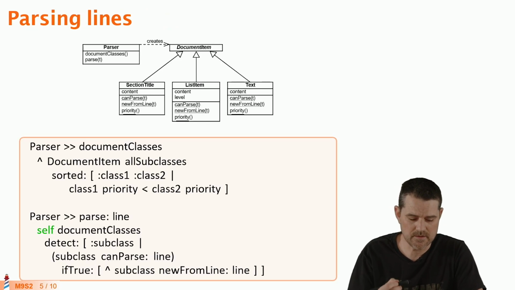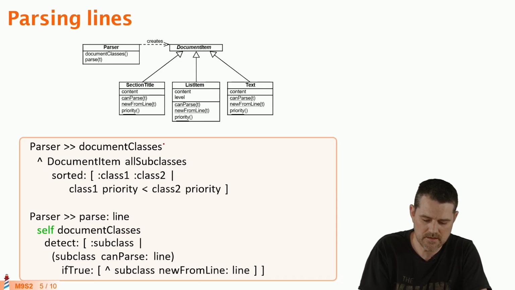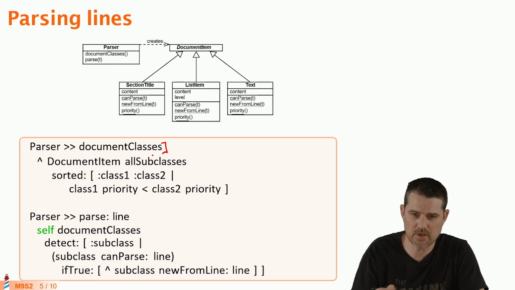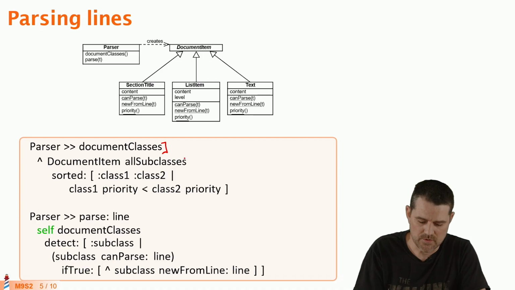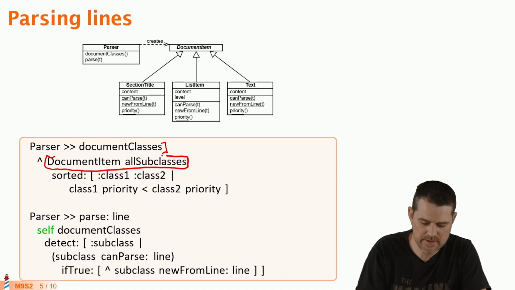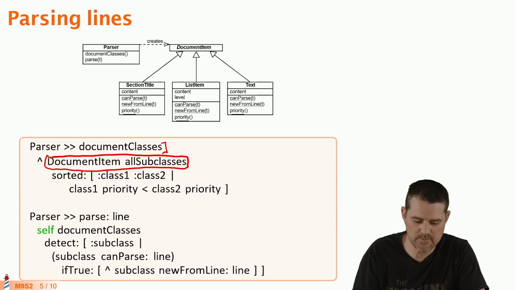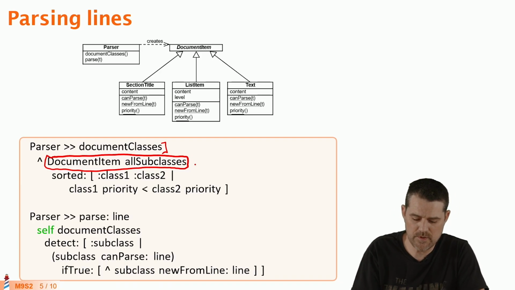Now, given that the parser is implemented like that, we have two methods in the parser. The document classes method computes the collection of all classes that can parse a piece of text. In this expression, we query the system to get all subclasses of the document item class dynamically, and then we order these subclasses by priority.